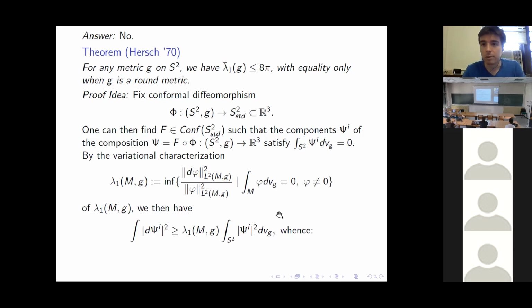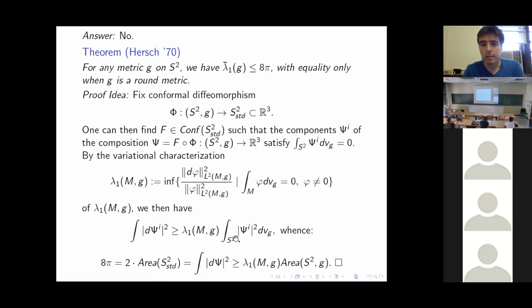That's just the definition of the first eigenvalue. If we sum over i, the sum of these psi i squared, since we have a sphere-valued map, is just going to be 1. And if we sum over i on the energy side, we just get the total energy of that map. But that map is conformal, so this energy is exactly twice the area of the image, which is the area of the standard 2-sphere, so that's going to be 8 pi.